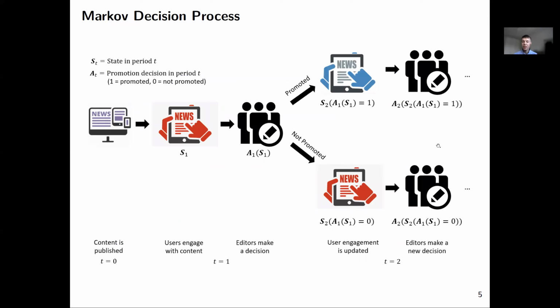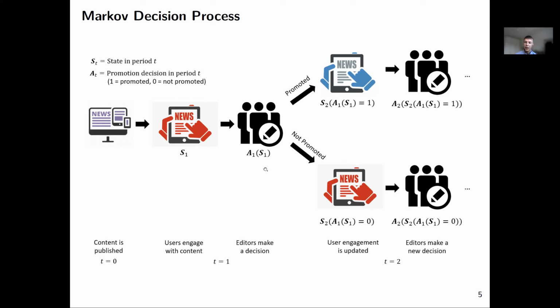So we're phrasing this decision problem as a Markov decision process, where in the first step, some content is published at time 0. Then in time 1, the users engage with this content after it's been published. That results in some state, and a state includes the user engagement, the clicks and so on. And given the state, the editors take an action A1, given the first state.